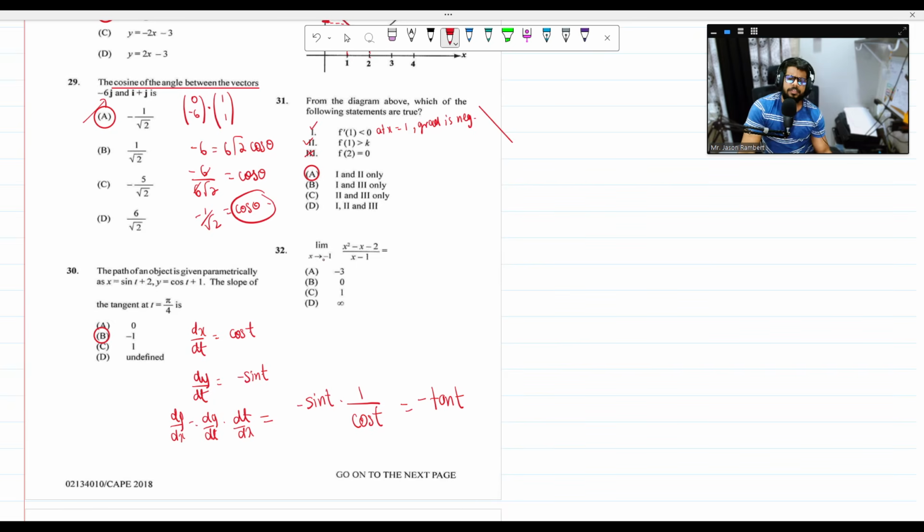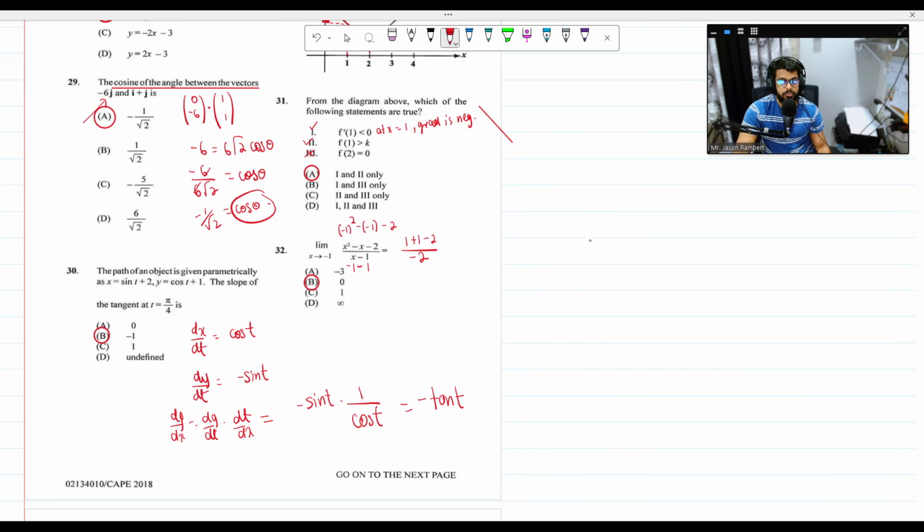When x is equal to minus 1, I'm going to get minus 1 squared, take away minus 1, minus 2, over my denominator, again, minus 1 minus 1. So my denominator is not 0. So I'm not going to get something indeterminate here. So the value of this is going to be 1 plus 1 minus 2. 1 and 1 is 2. 2 take away 2 over minus 2. I'm going to get 0.